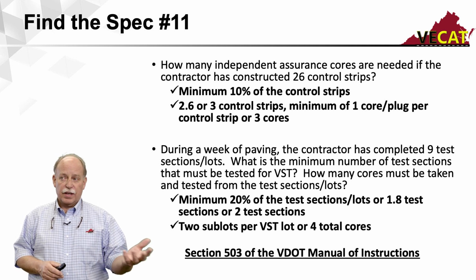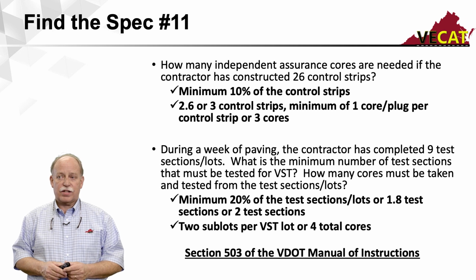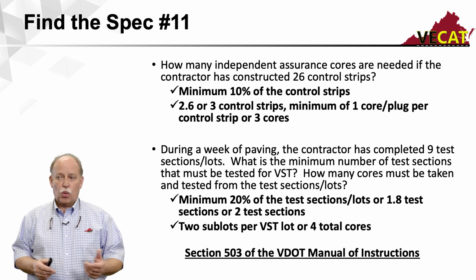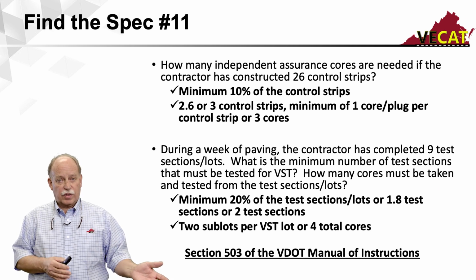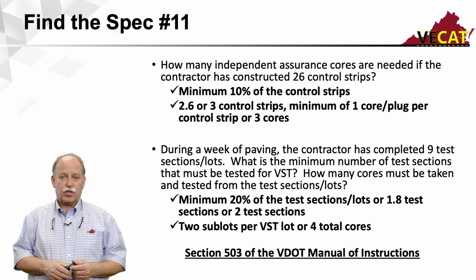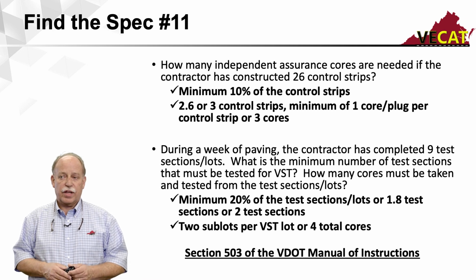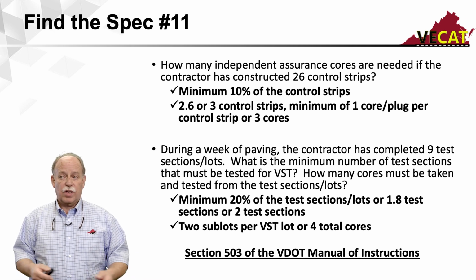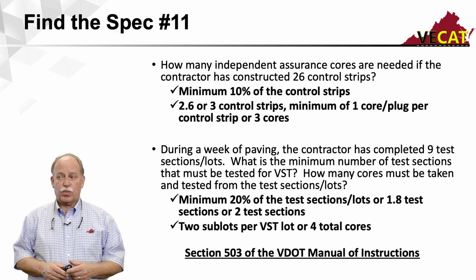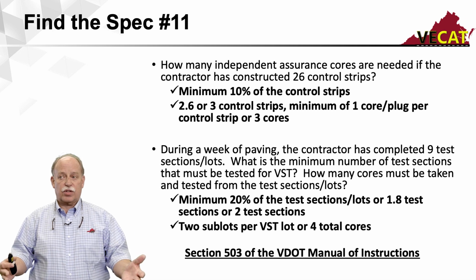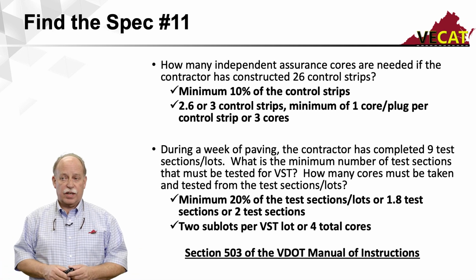During the paving, the contractor completed those 9 test sections and lots. So what's the minimum number of tests that have to be taken for VST? Well, if you go look at the requirements in the manual of instructions in section 503, you'll see that a minimum of 20% of those test sections or lots have to be tested. In this case, we had 1.8 test sections, therefore we have to have 2 test sections tested for VST.